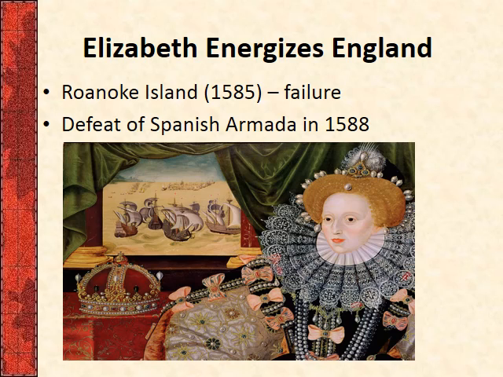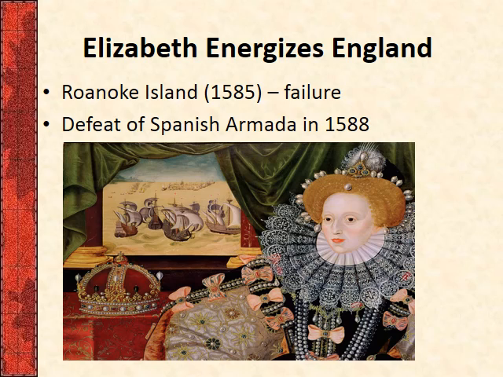So the Virgin Queen, Elizabeth I, has a friend named Sir Walter Raleigh. He wants to get in on the New World colonization money making. With her permission, he founds a colony on Roanoke Island, which is in modern-day North Carolina, in 1585.